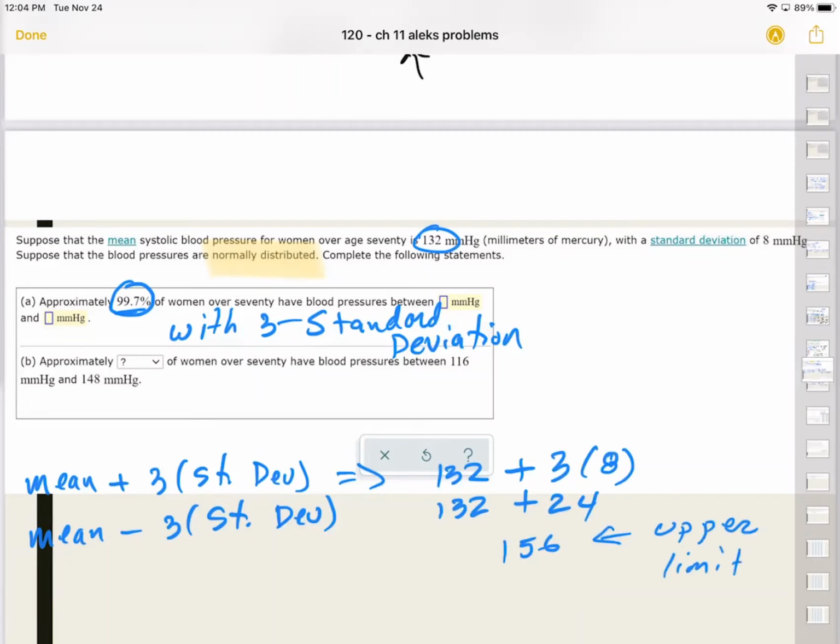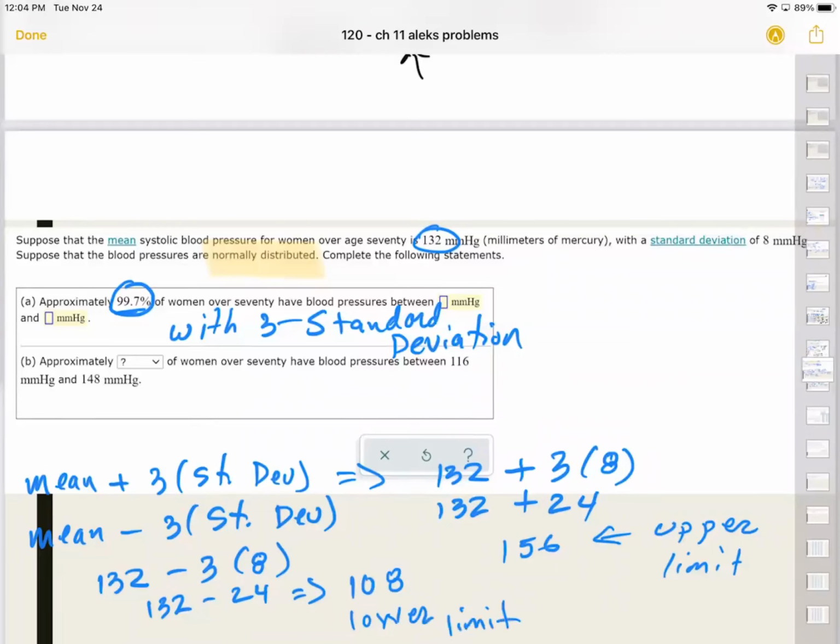If you take the mean 132 minus 3 times 8, which is 132 minus 24, you should see that this is 108. This is the lower limit, the smaller number.